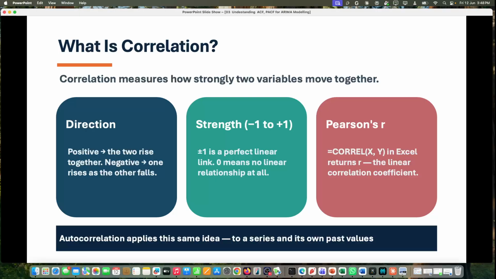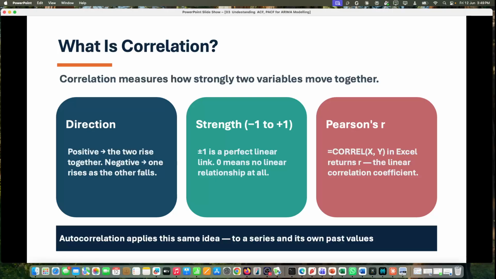Correlation ranges from -1 to +1 and provides the strength: +1 means a perfectly linear link, -1 is also a perfect link, and 0 means no linear relationship. So it is basically a linear relationship. The Pearson R correlation of x, y in Excel returns R, the linear correlation coefficient.